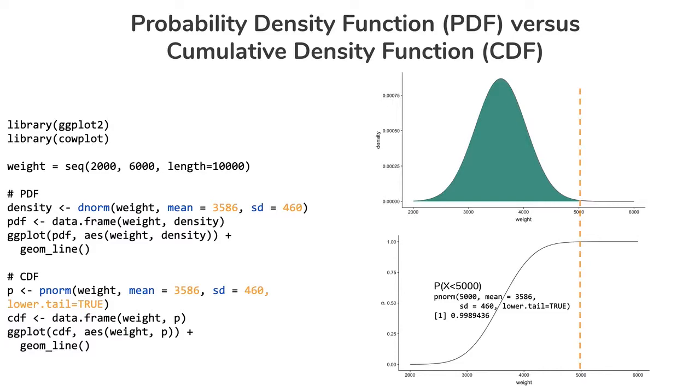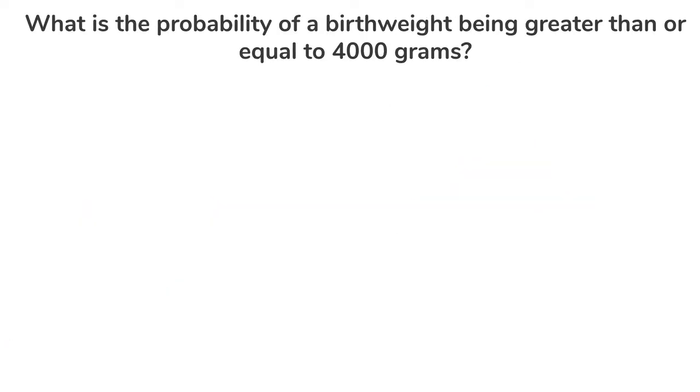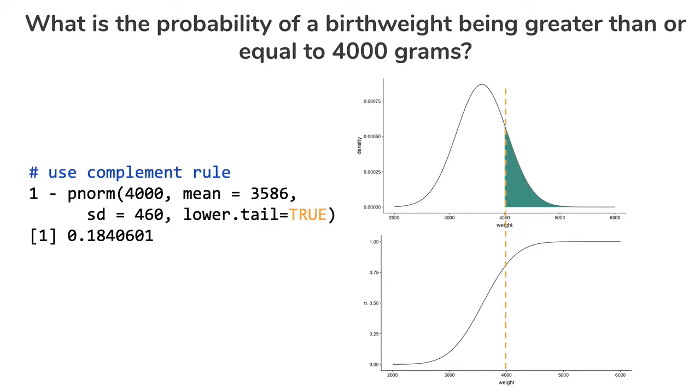Does that make sense? So there's a direct relationship between the probability density function and the cumulative distribution function. And the cumulative distribution function is really useful for answering questions like this, which we just walked through: what's the probability of a birth weight being greater than or equal to 4,000 grams?